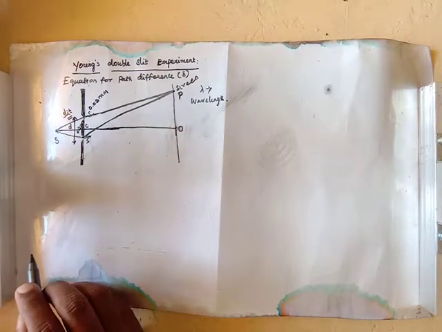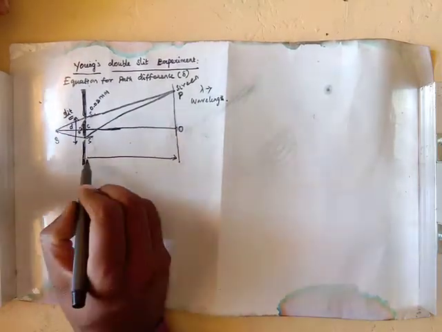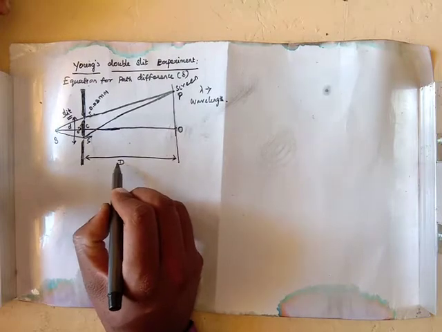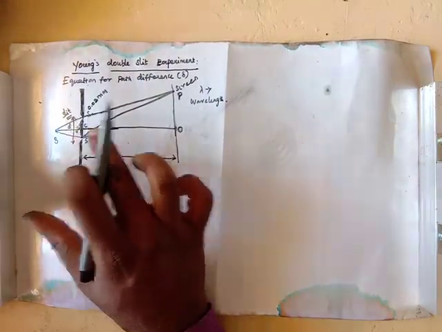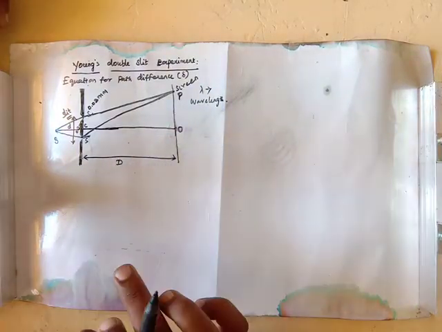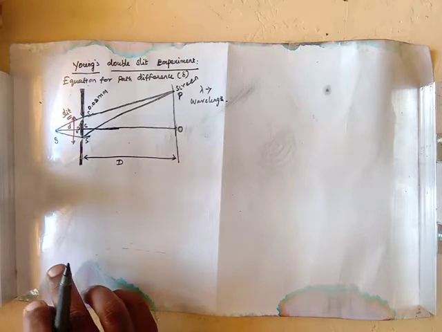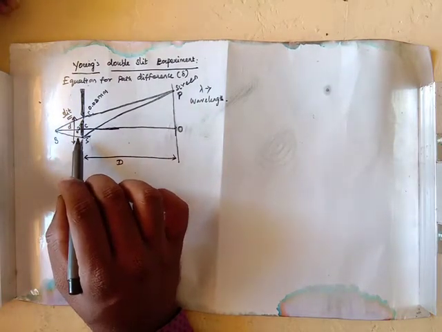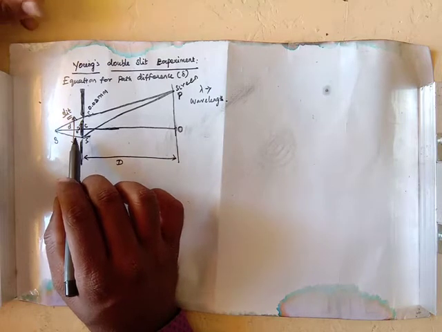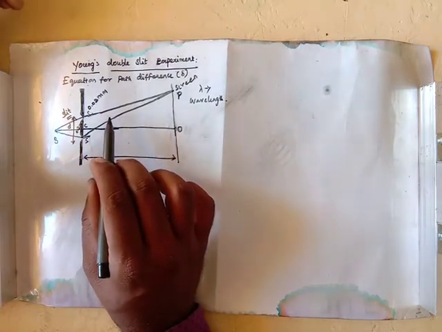And here the screen is placed at a distance capital D, in vacuum medium, from the slit. When the light is allowed to pass through the slit, these are the coherent sources, so the waves overlap and produce interference.